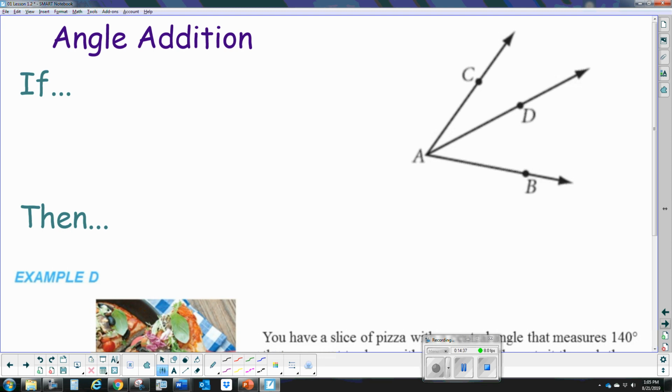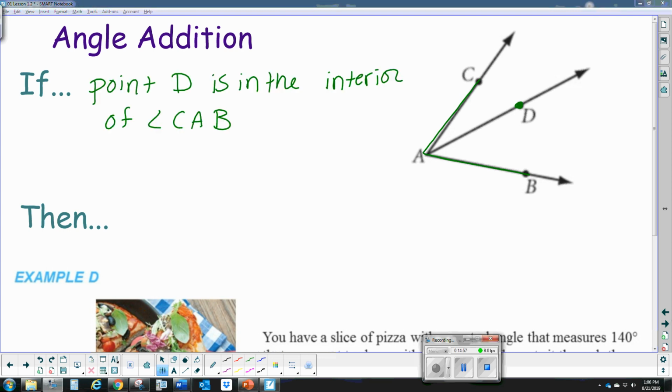Angle addition, using this diagram, says that if point D is in the interior of angle CAB, somewhere in the middle of that angle, then angle CAD plus angle DAB is equal to angle CAB.